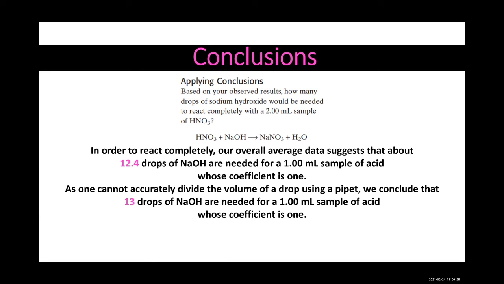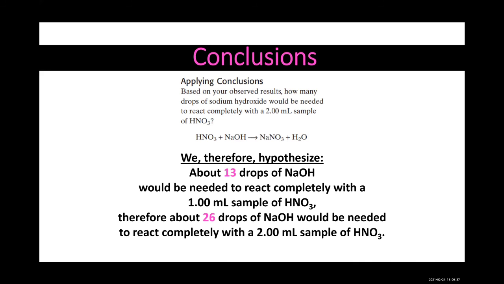As one cannot accurately divide the volume of a drop using a pipette, we conclude that 13 drops of sodium hydroxide are needed for a 1 milliliter sample of acid whose coefficient is 1. Therefore, we hypothesize about 13 drops of sodium hydroxide would be needed to react completely with a 1 milliliter sample of nitric acid. Therefore, about 26 drops of sodium hydroxide would be needed to react completely with a 2 milliliter sample of nitric acid.